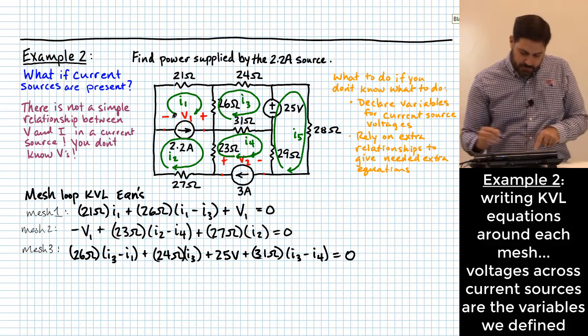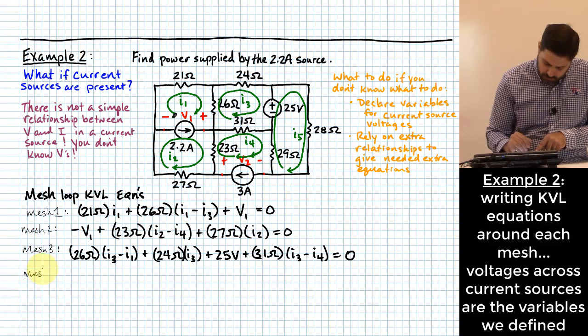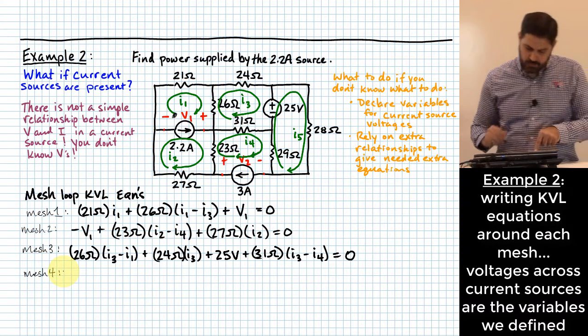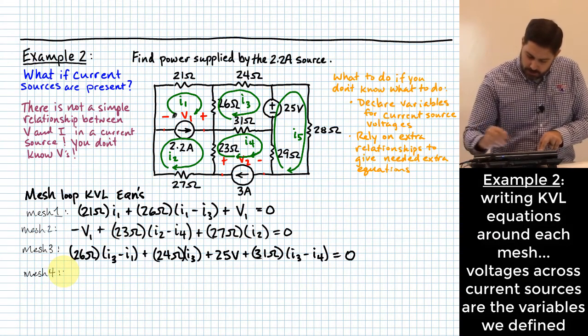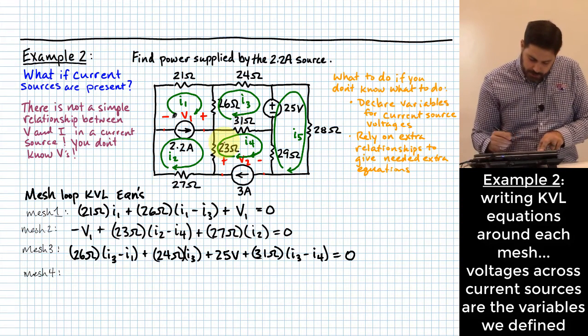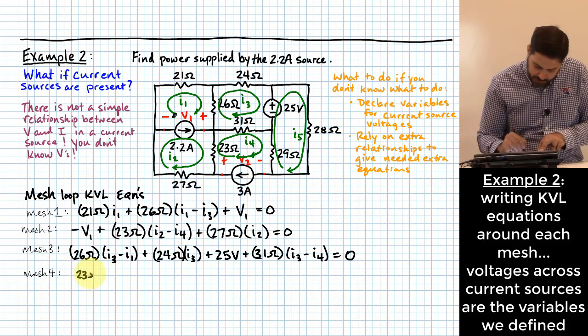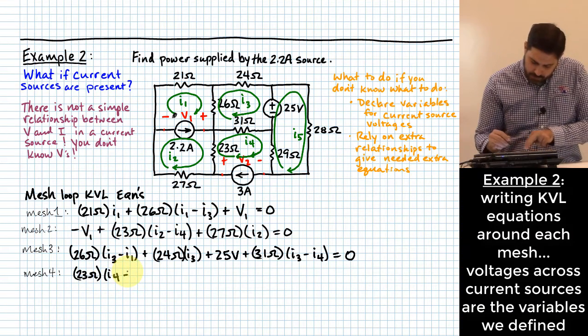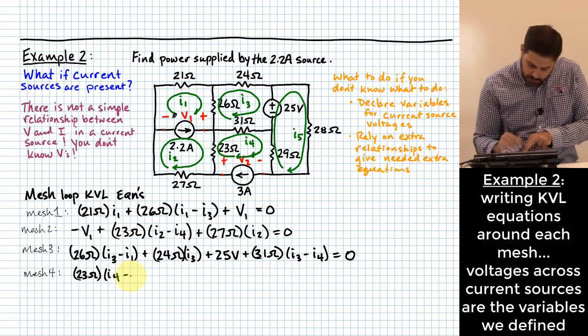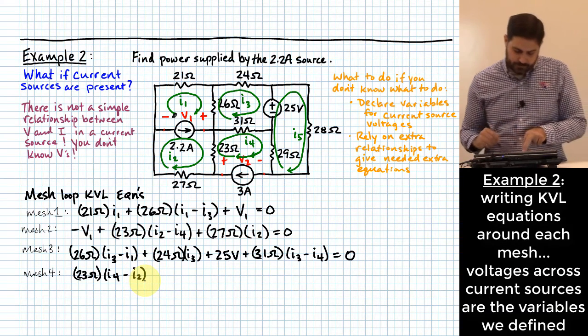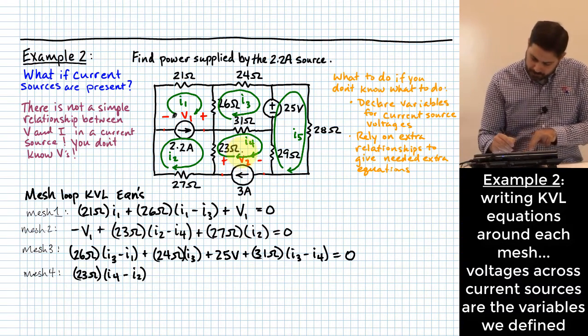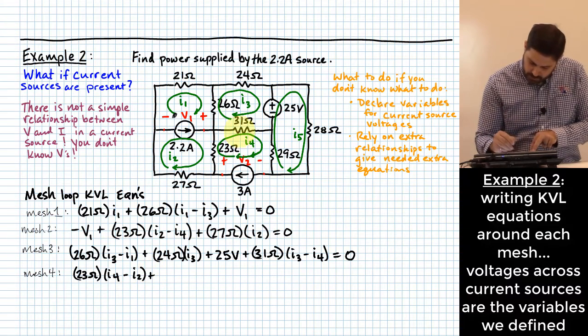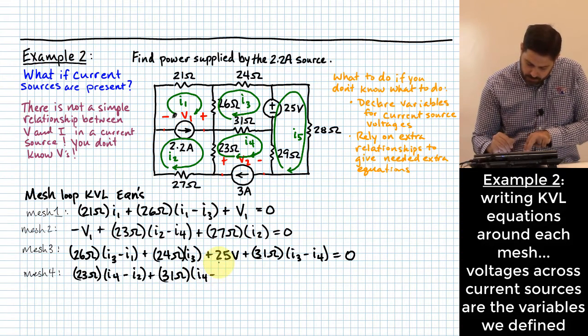We go to mesh 4. For mesh 4, I'll start going across the 23 ohm. So the 23 ohms times I4 minus I2. Then what? Plus 31 ohms times I4 minus I3.